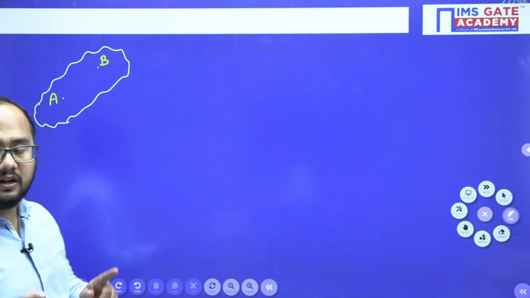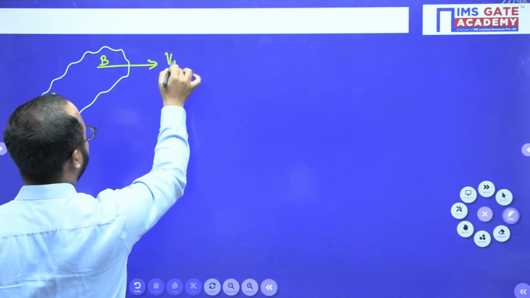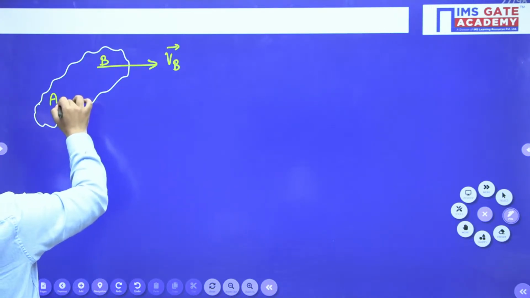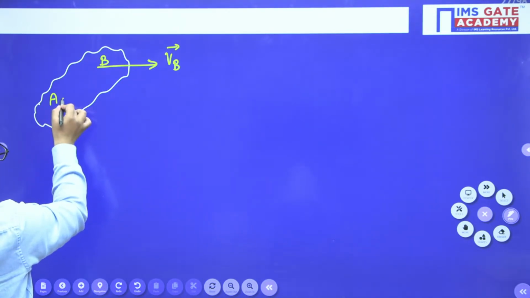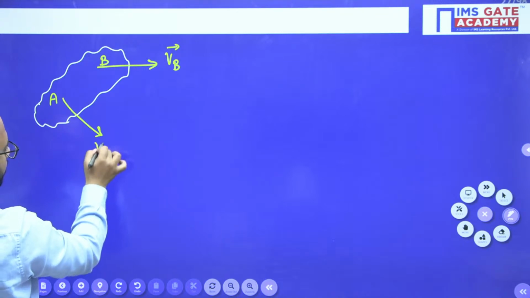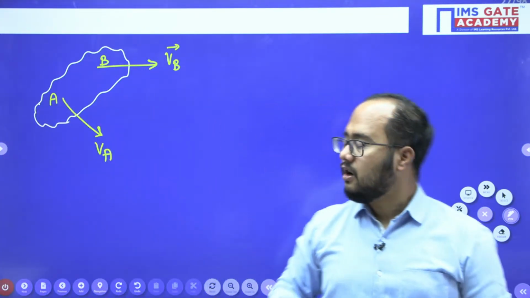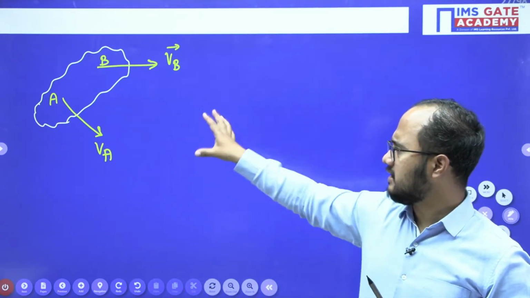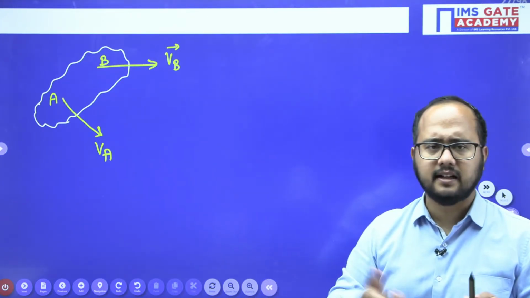For point B, they have given you this velocity vector, and for A it is like this, the velocity of point A. Clear, everyone? Now in such a system, what you have to do here is locate the I center.